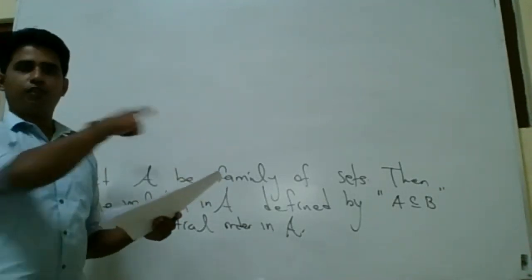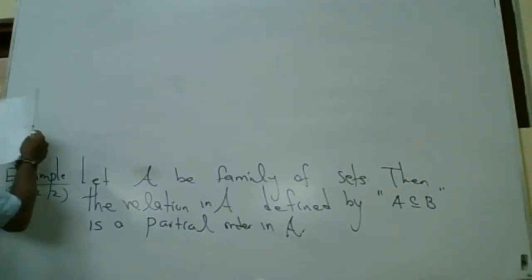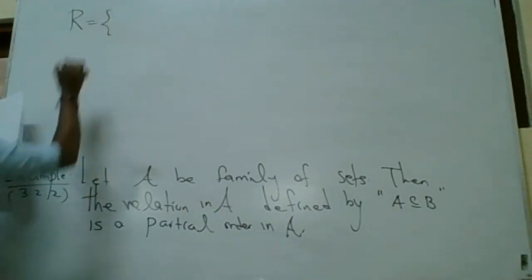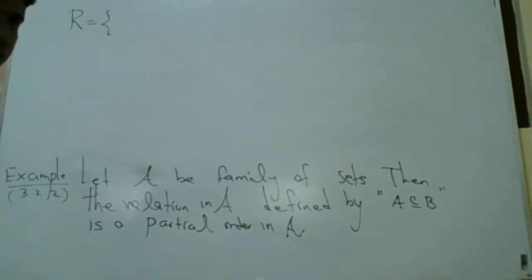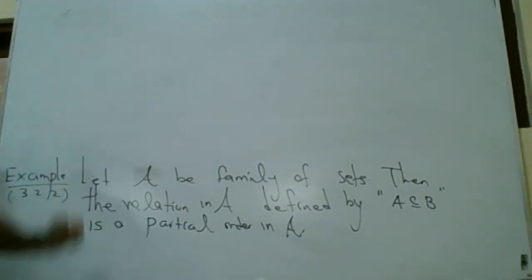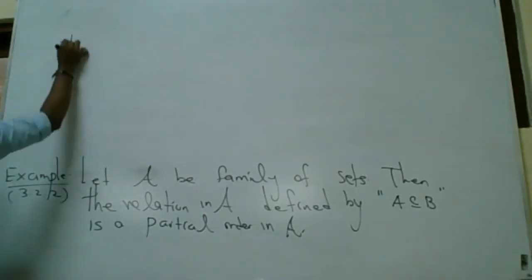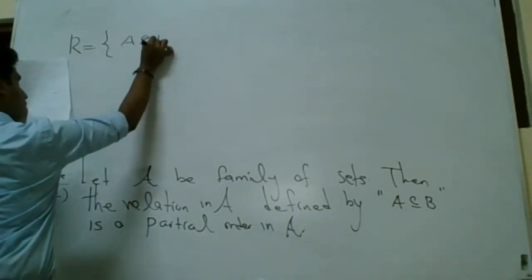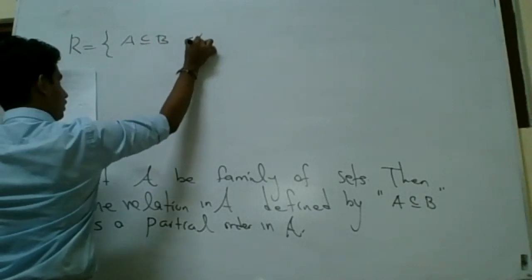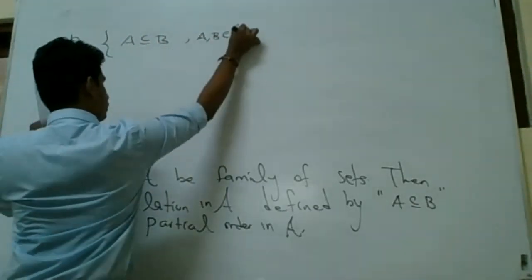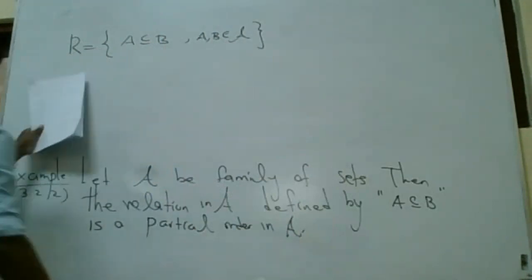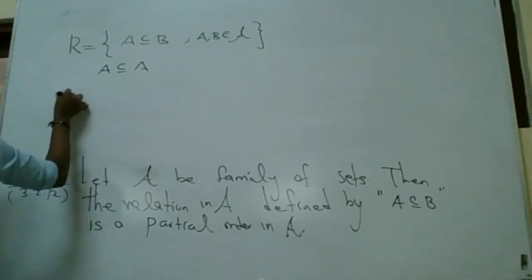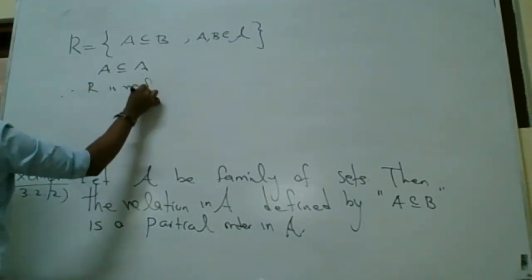These things I want to write. First, define the set R: A subset of B, for all A, B belonging to the set of all sets A. Obviously, A subset of A, therefore R is reflexive.